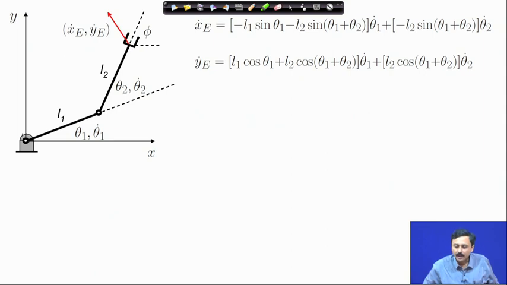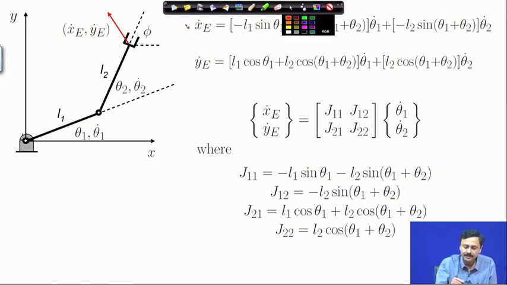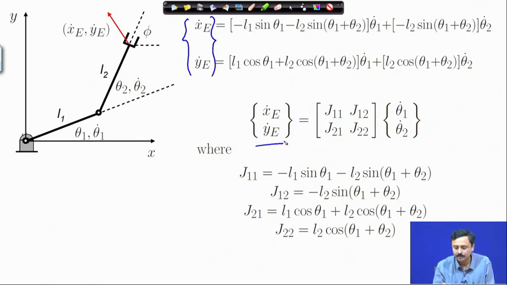Now, I rewrite these relations and assemble them in this form. You can see here that I have collected the two velocity terms of the end effector, x e dot and y e dot, and represented them as a column vector.